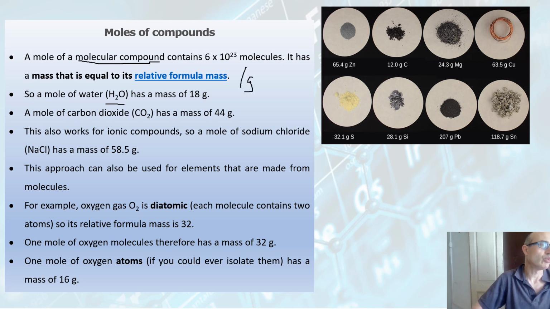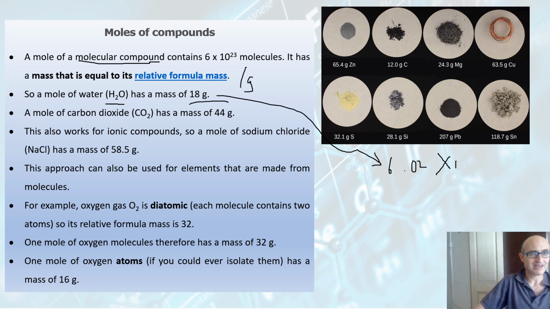So a mole of water, 6.02 times 10 to the 23 molecules of water, has a mass of 18 grams. Remember that that is equal to 6.02 multiplied by 10 to the 23 molecules of water.